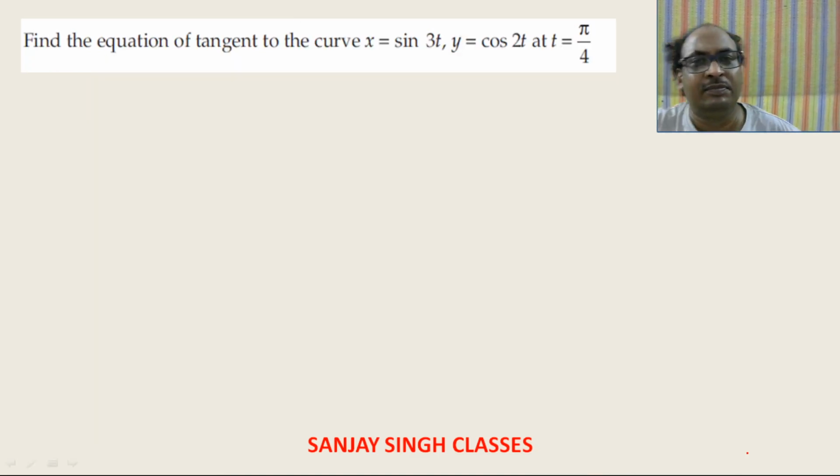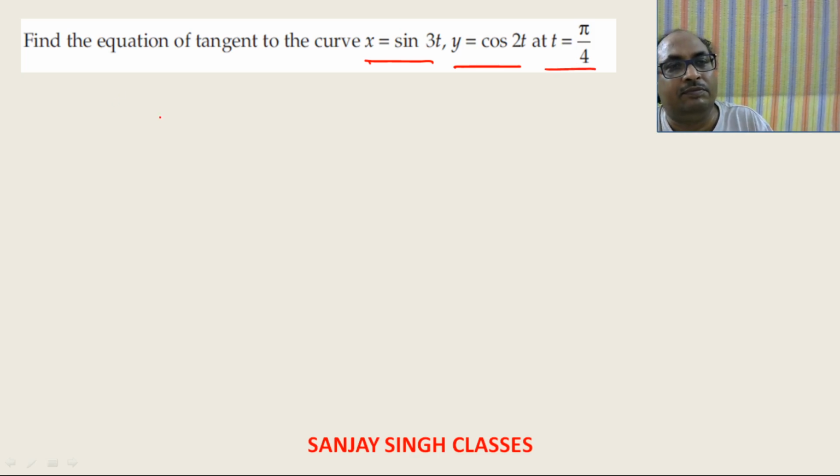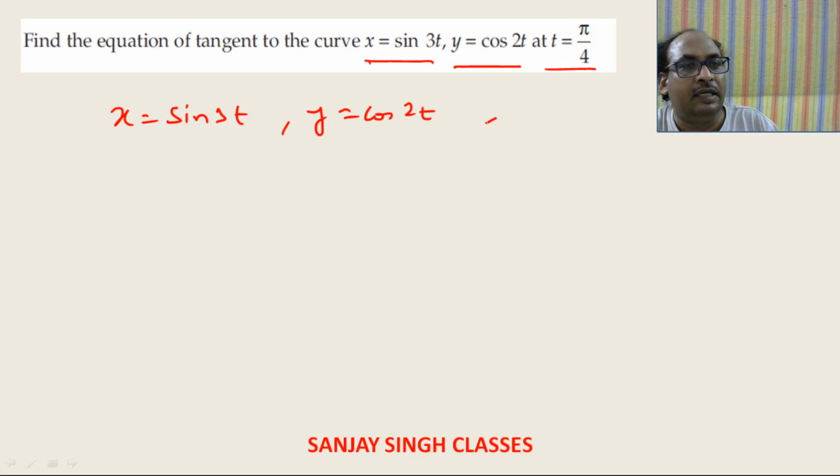Right. Now here we have got: find the equation of the tangent to the curve x equal to sine 3t and y equal to cos 2t at t equal to pi by 4.